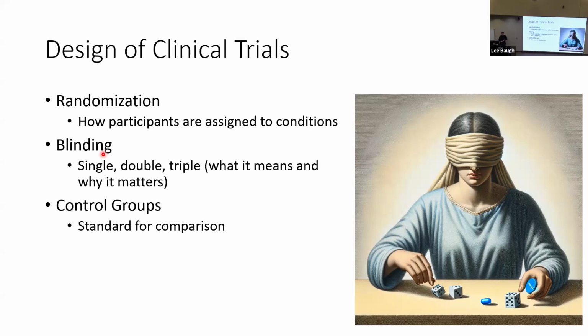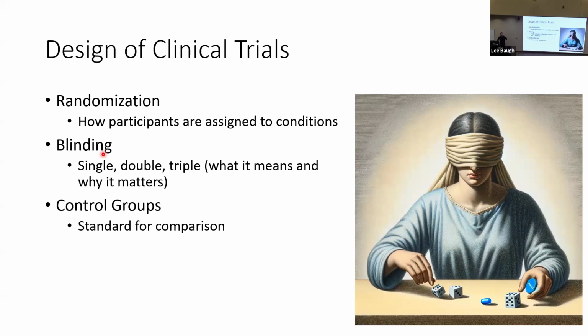We've already talked about control groups, and the number of control groups can vary from study to study, but it's important for you to have some sort of standard for comparison. So how do you know what you're doing is having an impact that isn't just random? You need to have a group that has received everything as similarly to the actual study as possible, with the exception of the treatment.